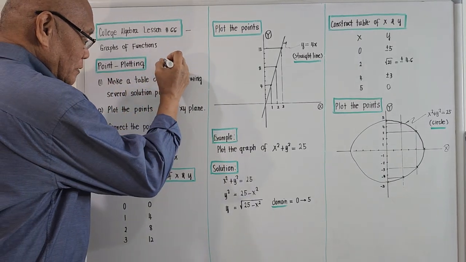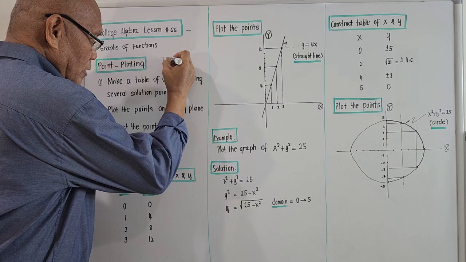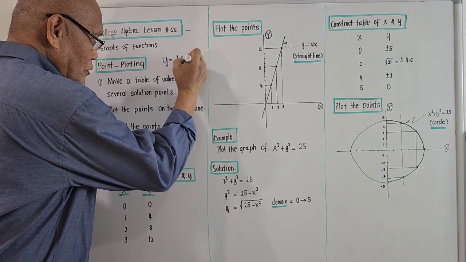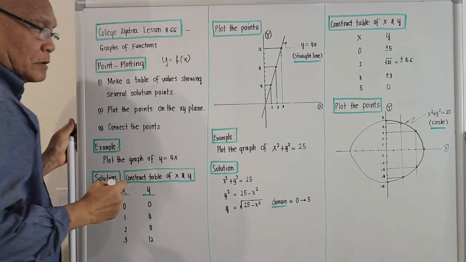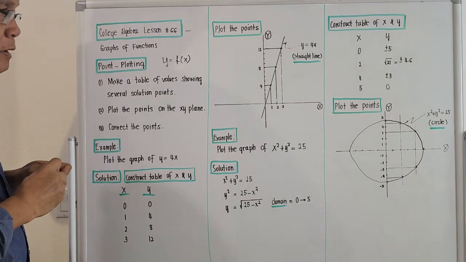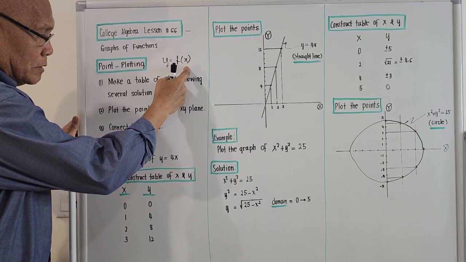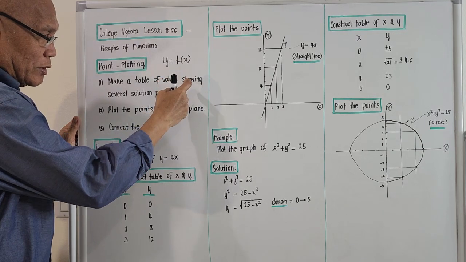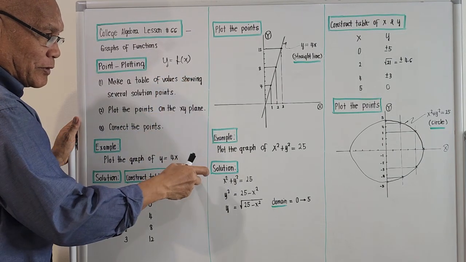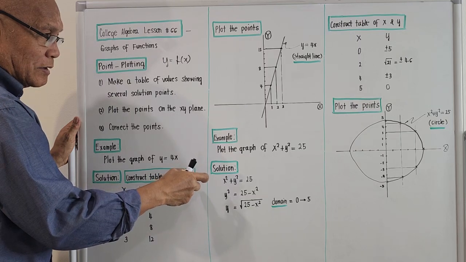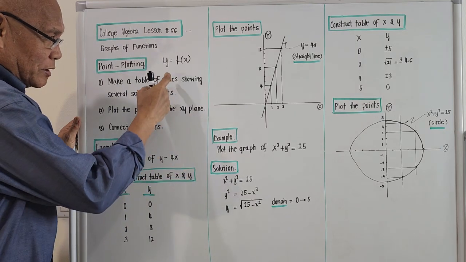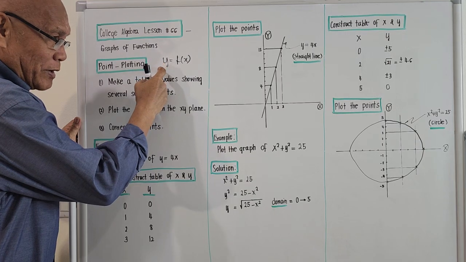The meaning of that, if we are given y as a function of x, is to assume values for x, with a starting point and a stop point, then compute for the corresponding value of y.